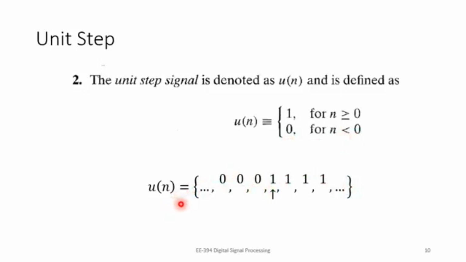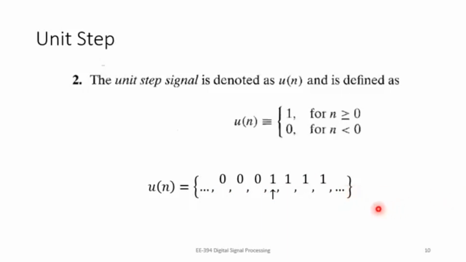So this is a unit step signal, and the word unit represents that the step from 0 to 1 is of size 1. And again, as I indicated earlier, you may have a step signal like 0 0 0, 2 2 2 2 2, and so on. In that case it will still be a step signal, but not the unit step signal.